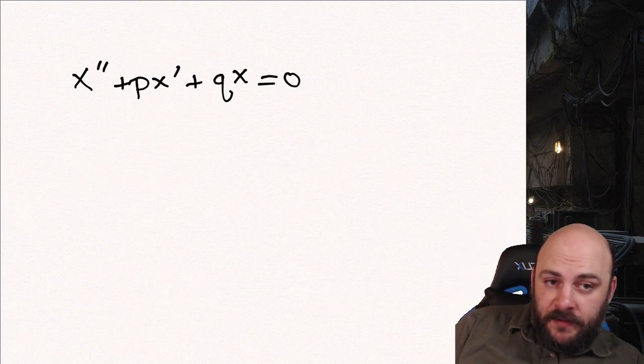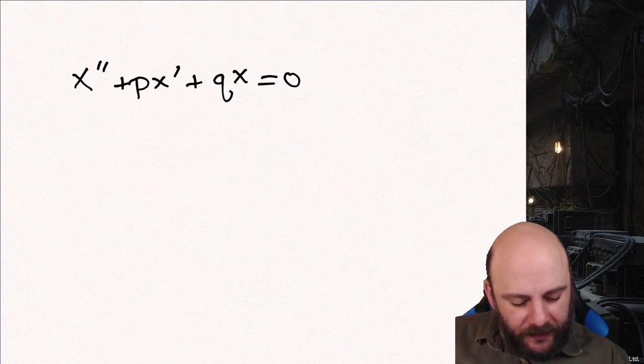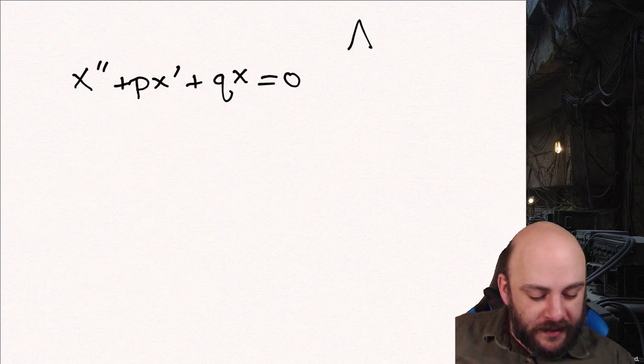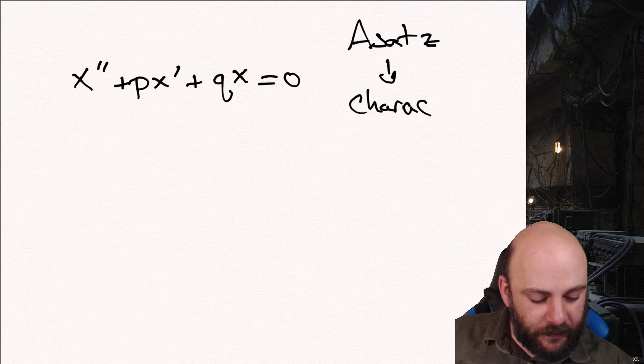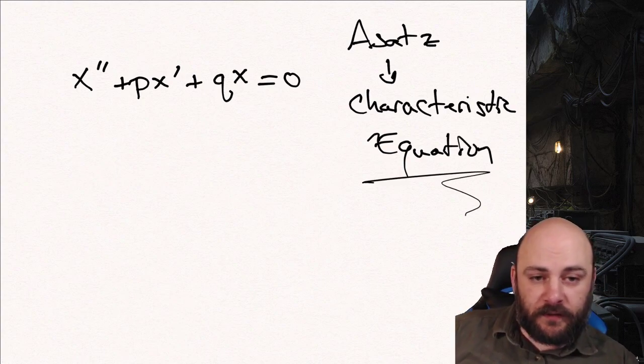Do you remember how to solve these? I certainly hope so. We're going to be using the ansatz solution, which leads us to the characteristic equation. That's going to be the important part that we focus on for solving them.